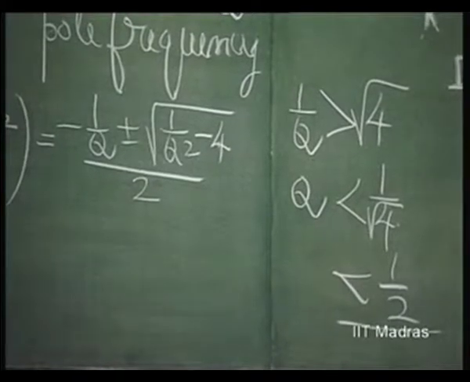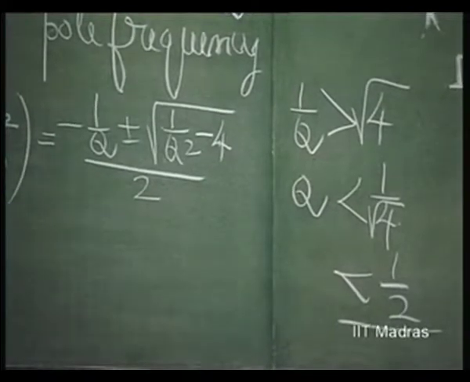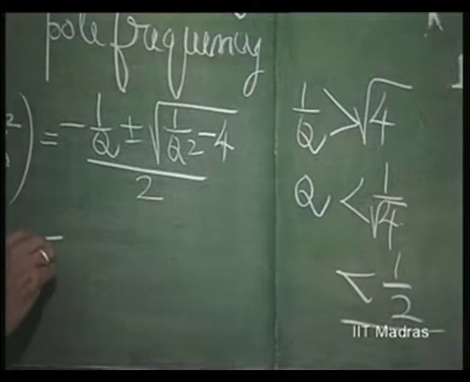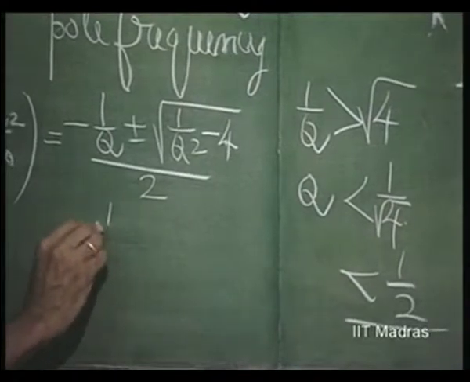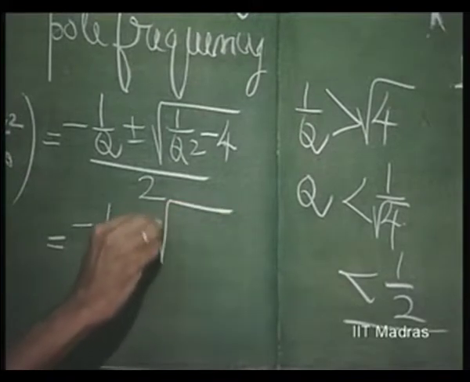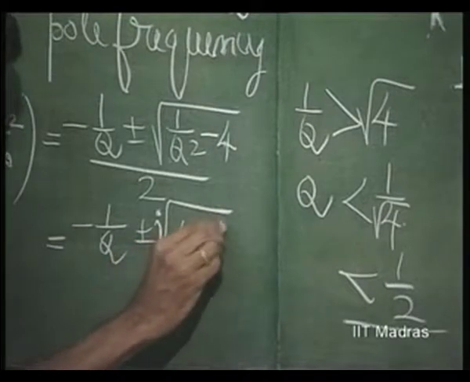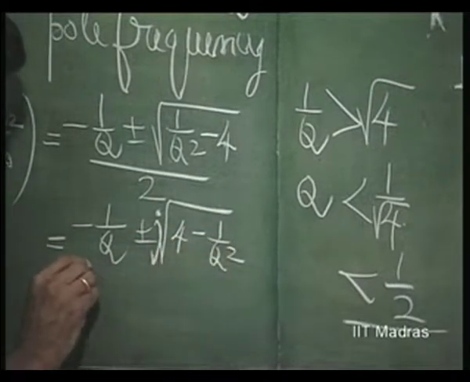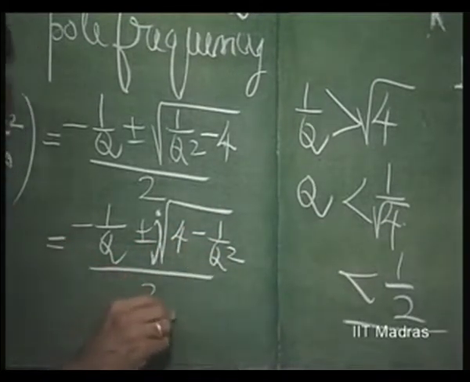We are normally not interested in that kind of circuit. If q is greater than half, then this will become complex, root of 4 minus 1 over q squared by 2.